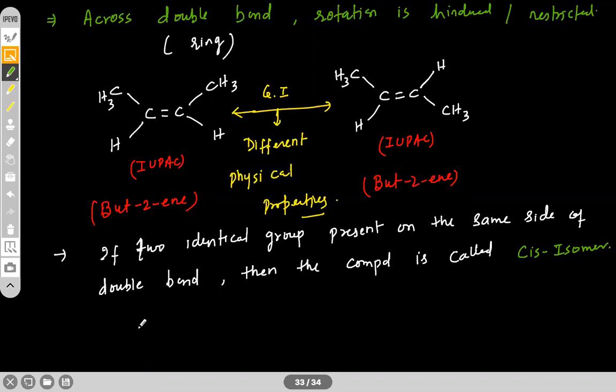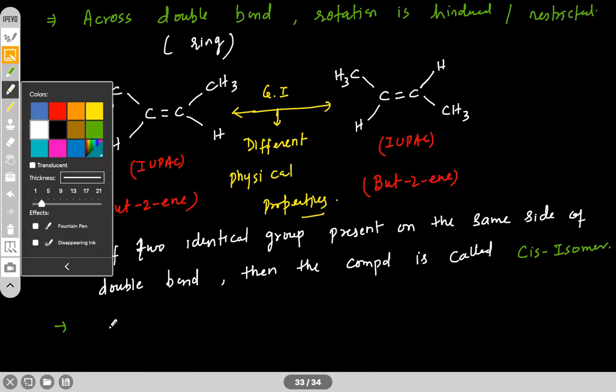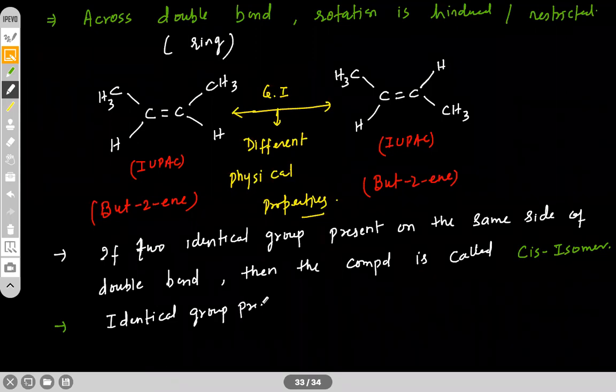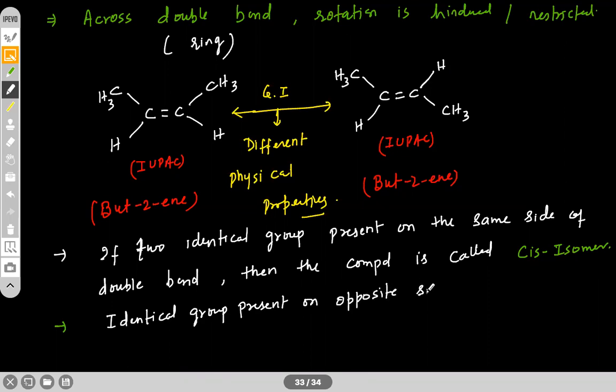Okay, cis isomer. If the two identical groups are present on the opposite side, in short I'll write down here, present on the opposite side, then the compound is trans isomer. Trans isomer.